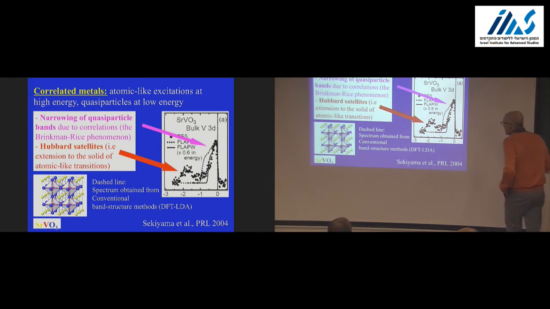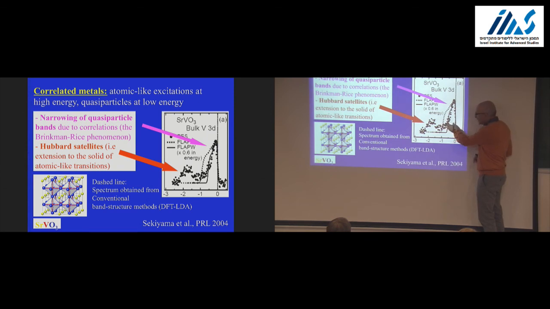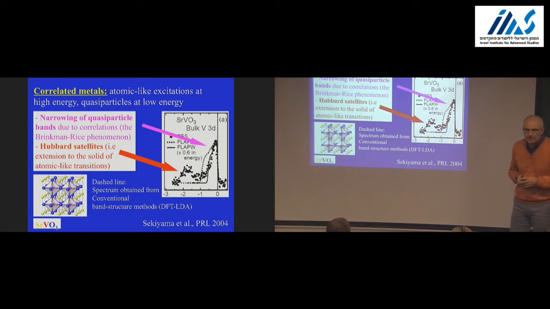But also, the width of these quasi-particle states has been renormalized, in this case, by about a factor of 2. So at least on the occupied side of the quasi-particle excitation, the photoemission bandwidth is about half of what the band structure calculation would tell you, or if you want, loosely speaking, the kinetic energy of electrons has been lowered by a factor of 2, or their effective mass has been increased by a factor of 2.